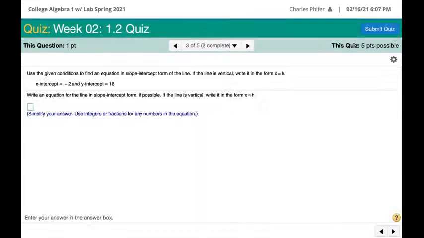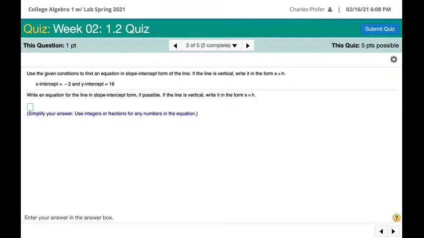Use the given condition to find an equation in slope-intercept form of the line. If the line is vertical, write it in the form x equals h. The x-intercept is -2 and the y-intercept is 16. Let's write this one out. So this is the week 2, 1.2 quiz, question number 3.